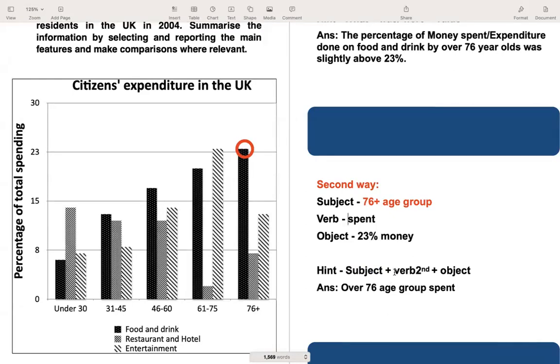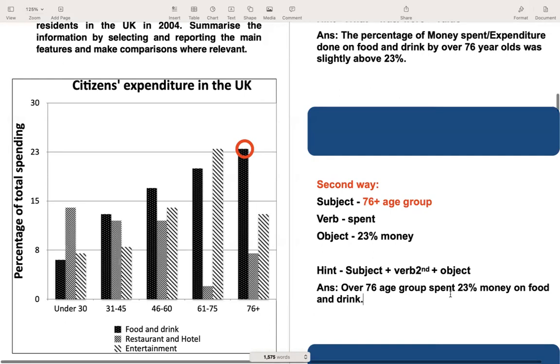So there will be no "had." So the 76-plus age group spent 23% of money on food and drink. Yes, on food and drink. That part you have to add.